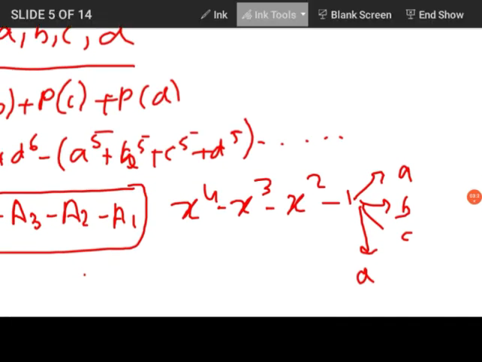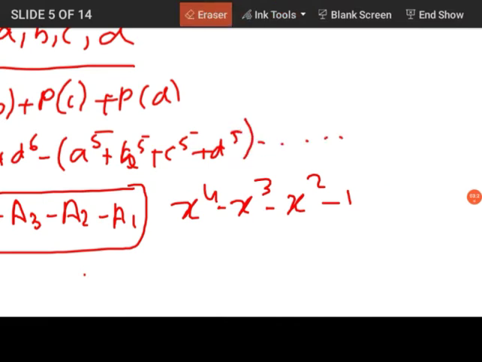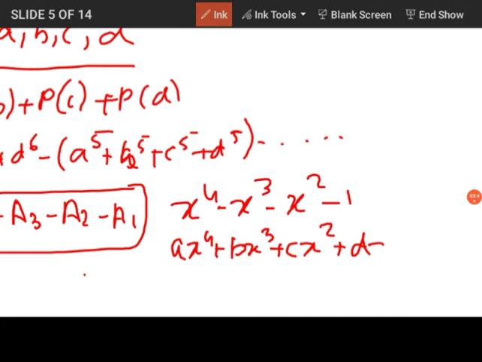Now a very important thing that I want to draw your attention to, a very important mistake that you may make. First of all, let us write this in the form of a general biquadratic equation. That would be a x^4 minus b x^3 minus c x^2 plus d x plus e.